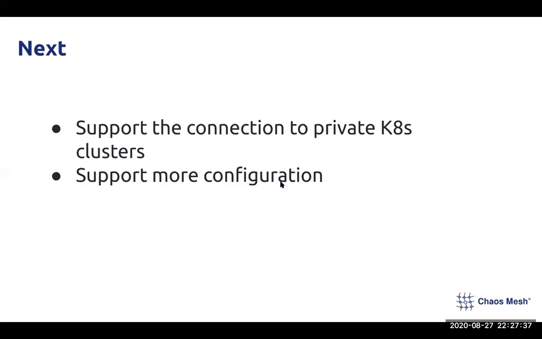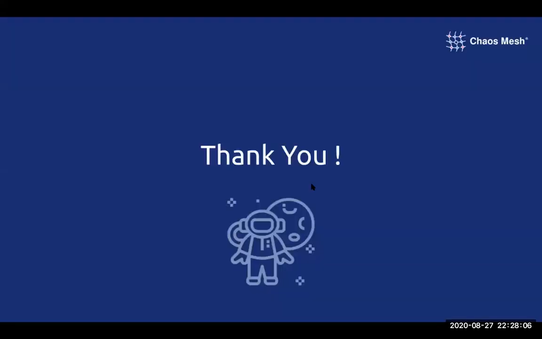And you can also see that we use the base64 value of the chaos config file. Some users think it is not easy to use. Maybe we will support setting the link of the configuration file, since some users will keep the configuration in GitHub. So that's all.